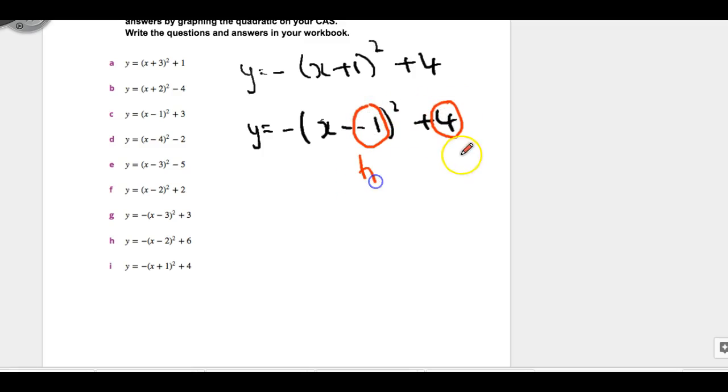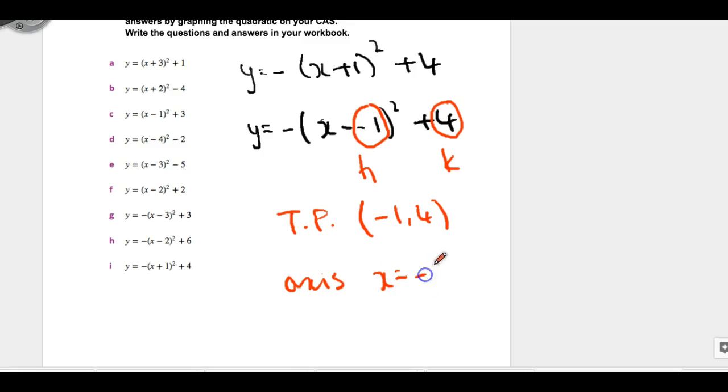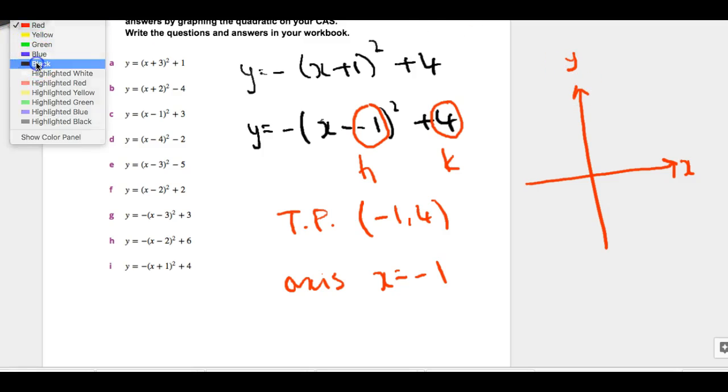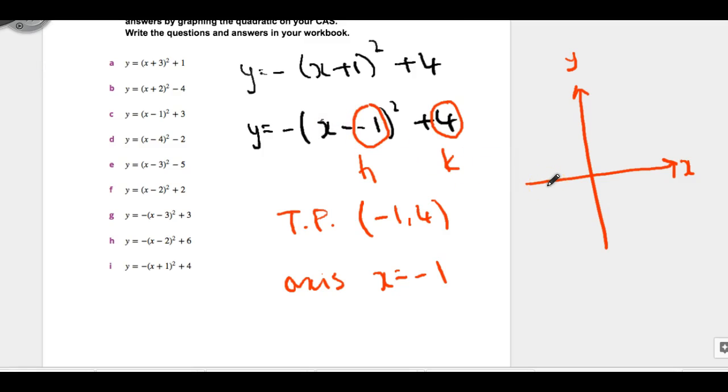So that's H. Your turning point is at (-1, 4), and your axis of symmetry is x equals -1. Let's graph it, and see how quick I'm doing it. Not that I expect you to do it as quickly as me, but the turning point form is fantastic because it allows you to straight away see what your turning point is.